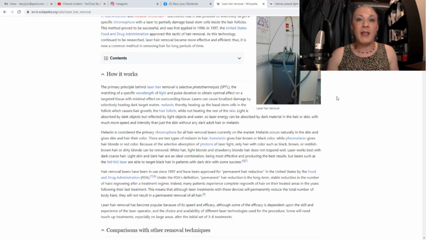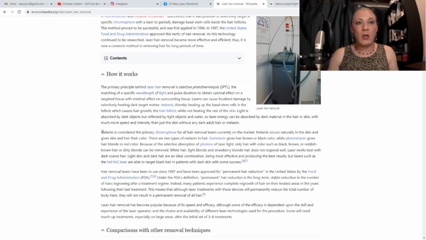So basically the laser will target darker colored patches, hair, possibly dark moles or dark lesions, or any sort of dark patches on the skin that will absorb the light and generate heat. What causes that is a substance called melanin. That melanin gives the patches, the hair, and everything their dark color. The more melanin there is, the darker the hair, the darker the patches.